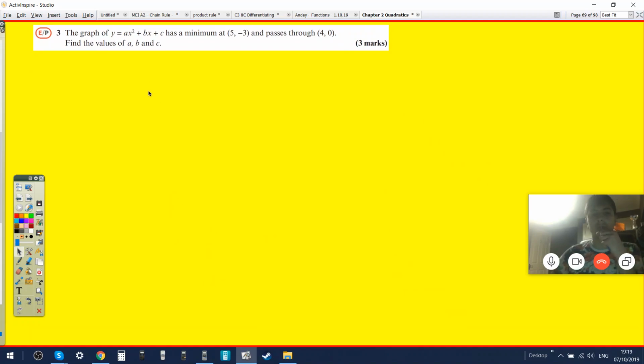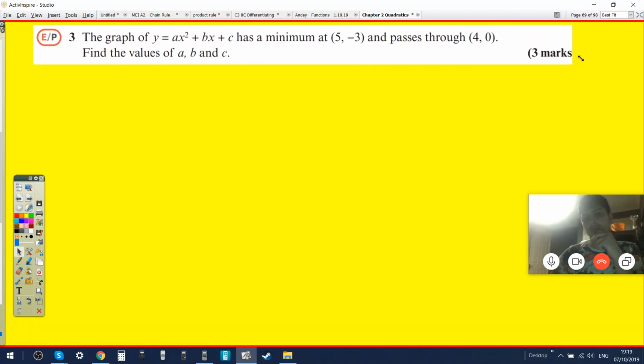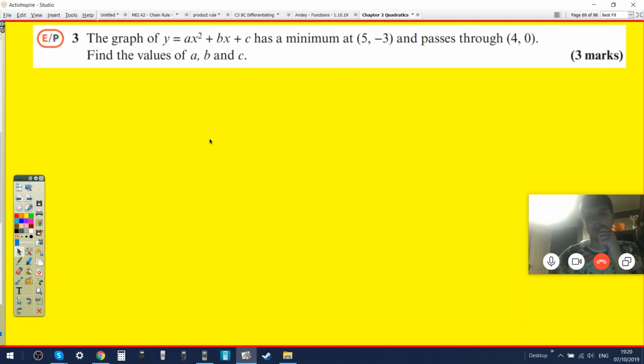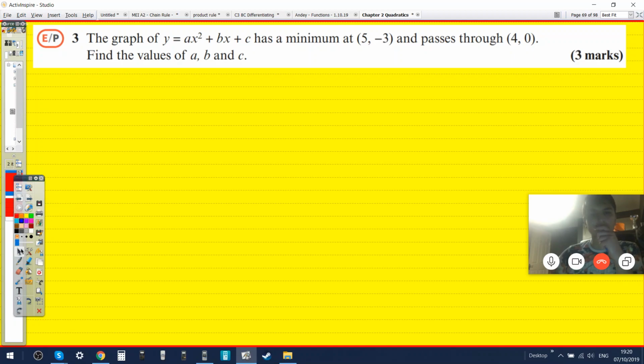Has a minimum of that and passes through 40. Okay. Any idea about this one?